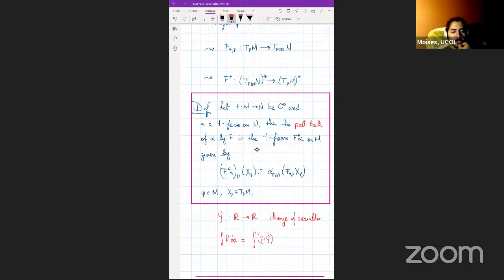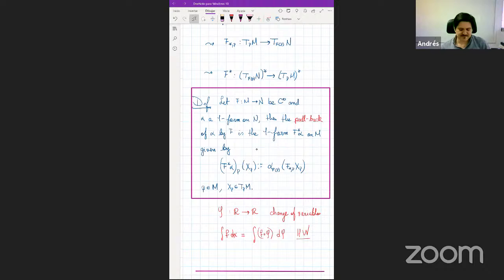It's going to be the differential of phi, with respect to x. So look it up in your calculus book.